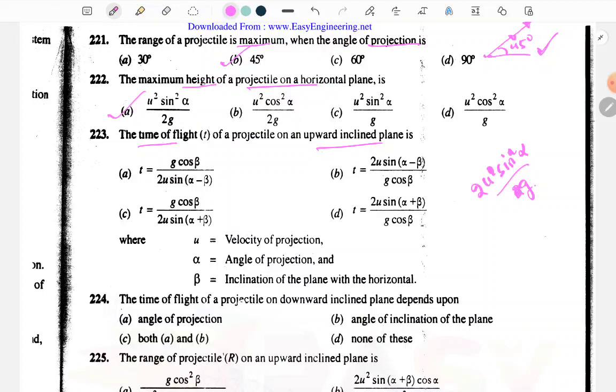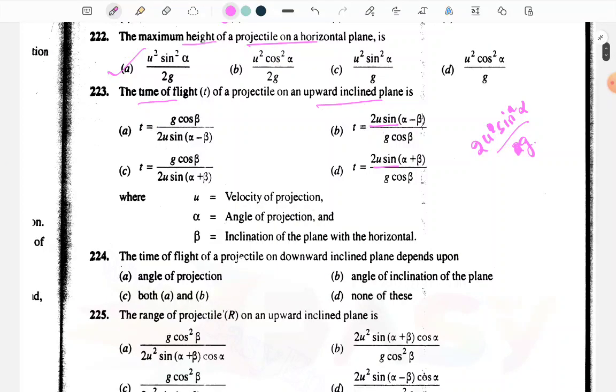Since it is moving up the inclined plane, the first term is 2u sin alpha, but now it is moving up the inclined plane, so the next term involves alpha minus beta. So 223 is B, alpha minus beta. Okay, next.